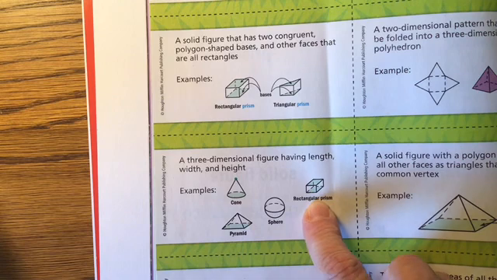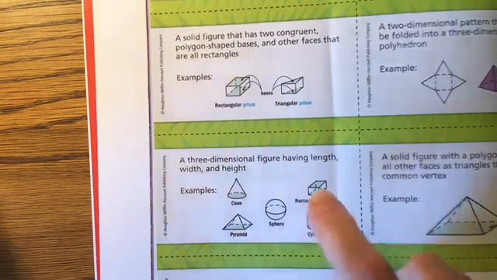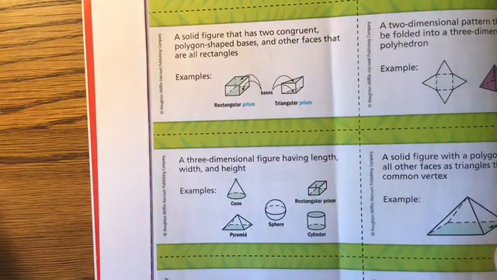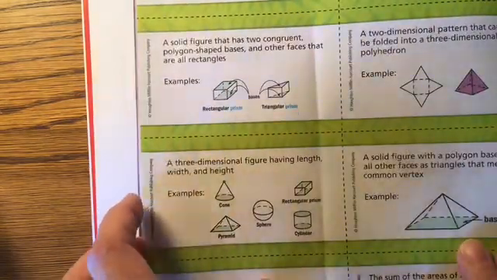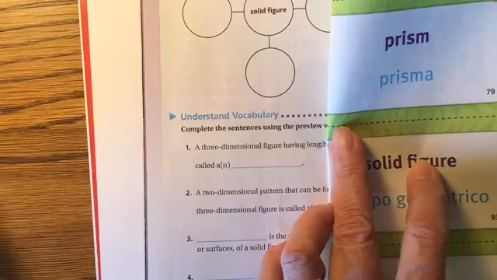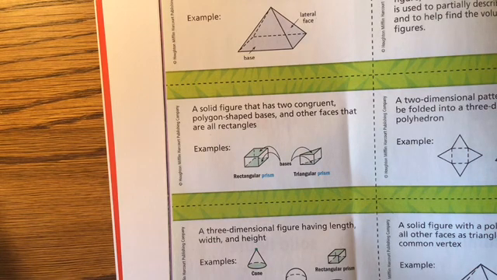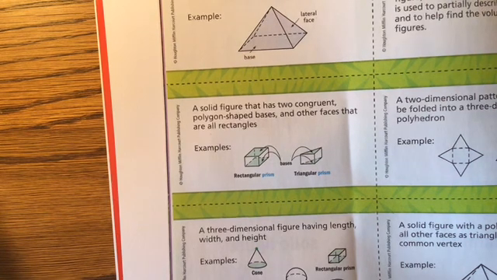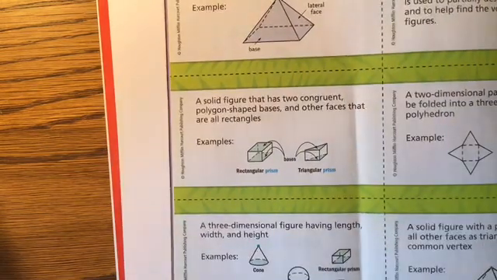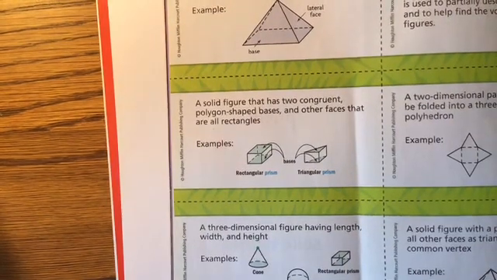I'm going to show you some larger plastic ones of these and talk about the different pieces of them. Then we want to talk about a prism. A prism is a solid figure that has two congruent polygon shaped bases and other faces that are all rectangles. So I'm going to pull out some prisms here and we're going to talk about those first.